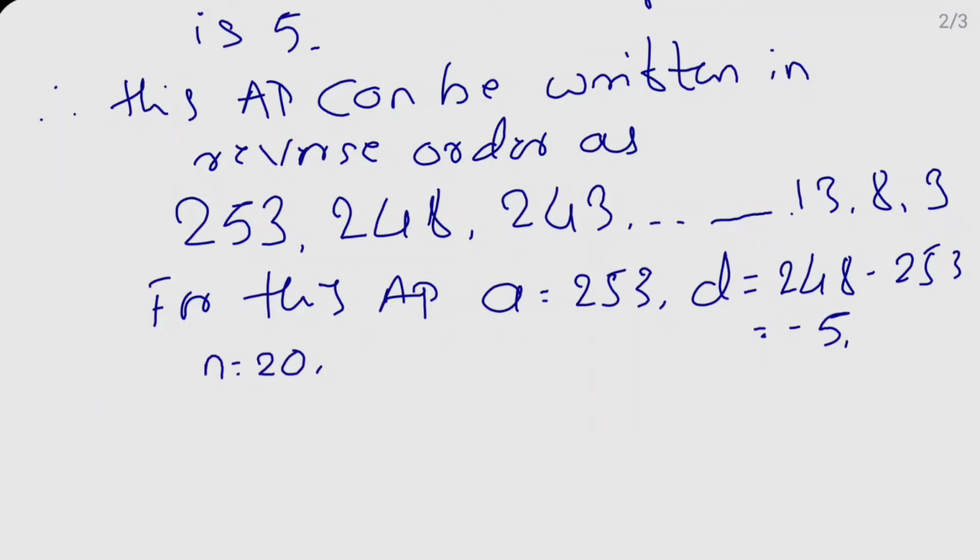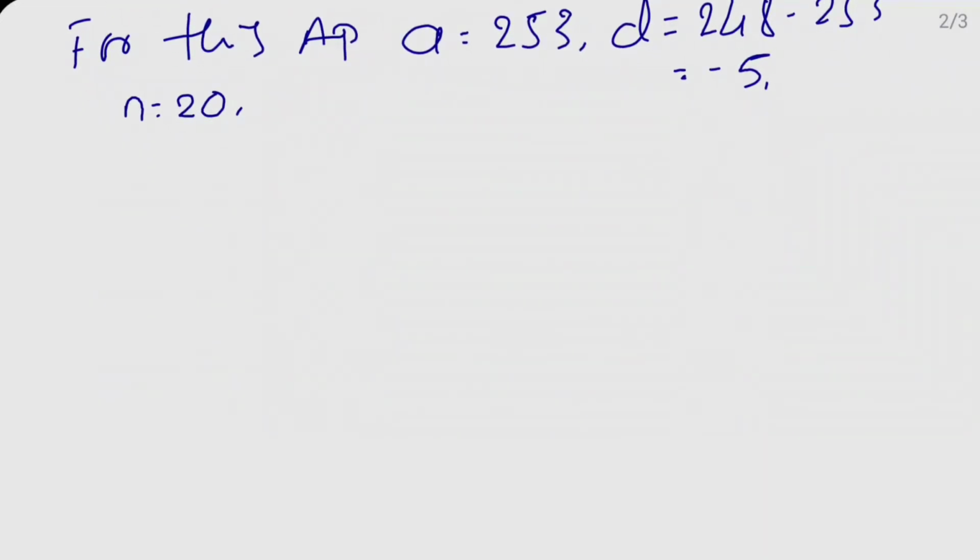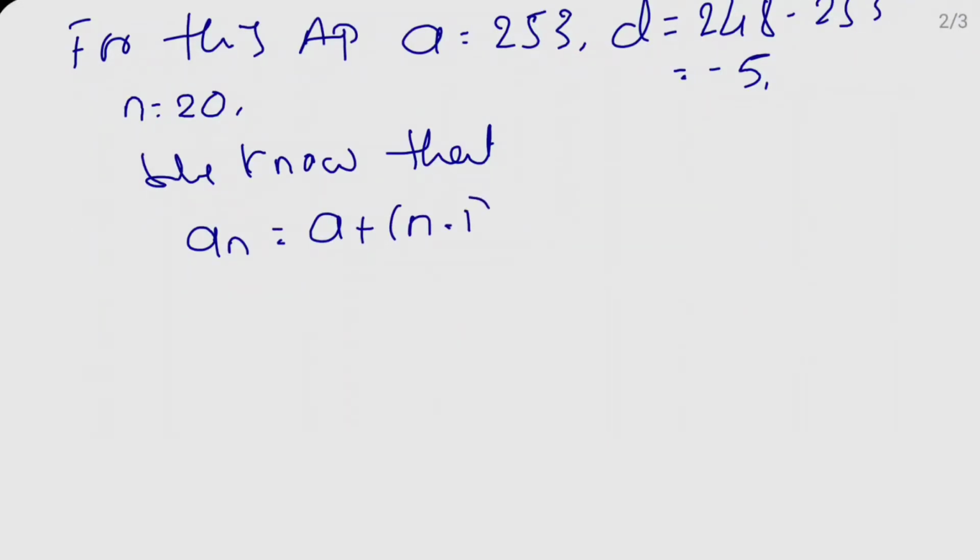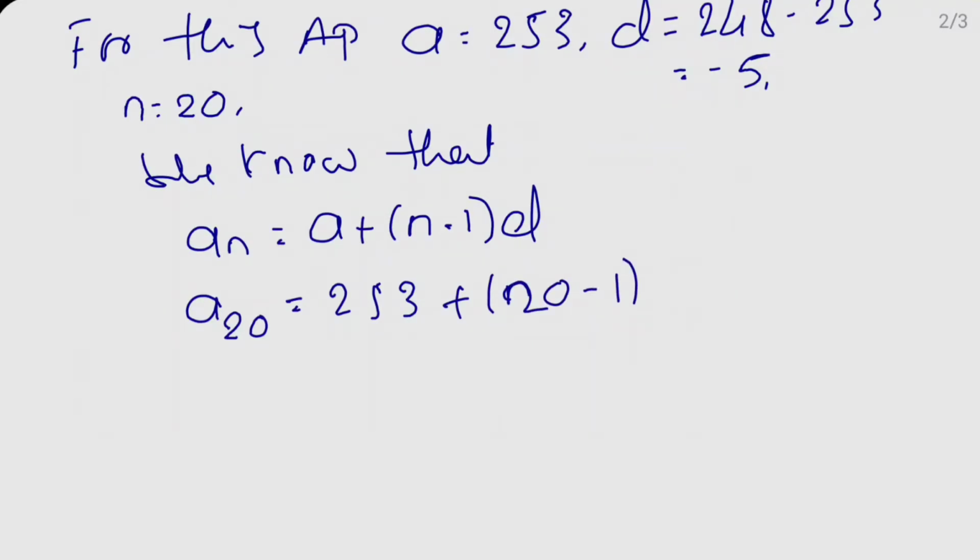Is it clear? So now we know that an equals a plus n minus 1 into d. So here we want the 20th term, so a20 equals the first term 253, plus n is 20 minus 1, into d is minus 5.